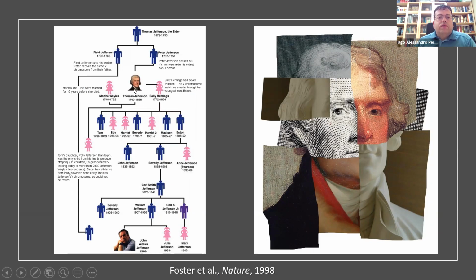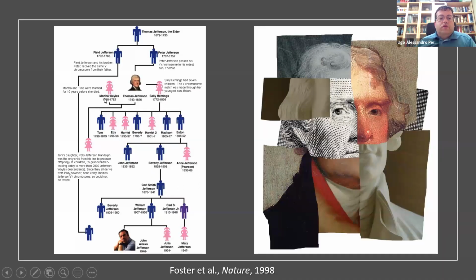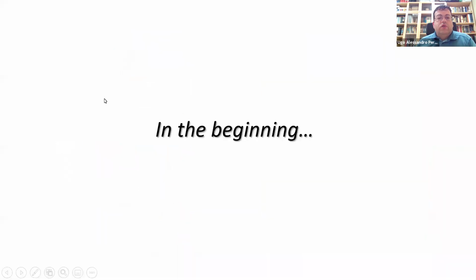You have Thomas Jefferson. Thomas Jefferson did not have any boys. He only had one daughter, so no Y chromosome line there. But we were able to get through his uncle a line right here. You have Field Jefferson, and then all the way down to a living descendant today.